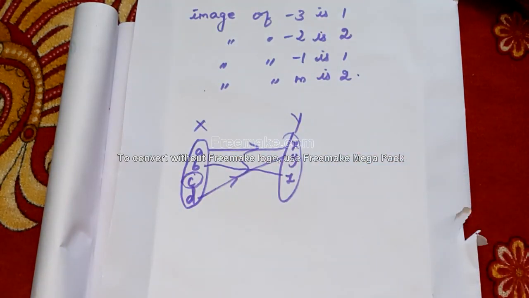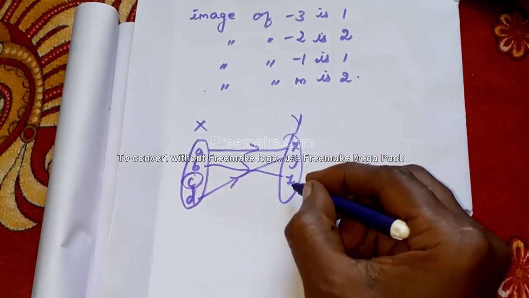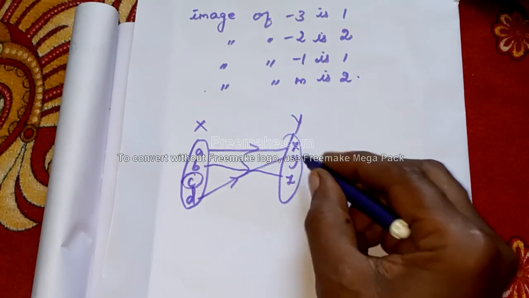Any element in x does not have an image means that is not a function. Okay. The elements in y does not have a pre-image means also function. Okay.